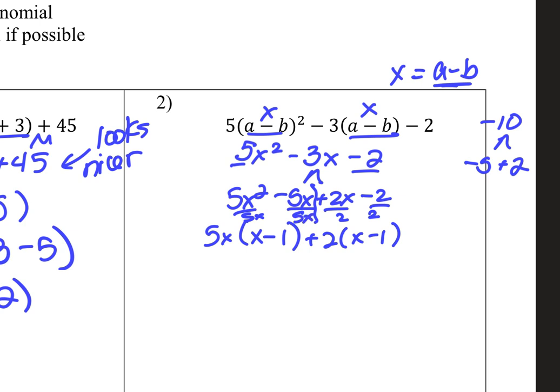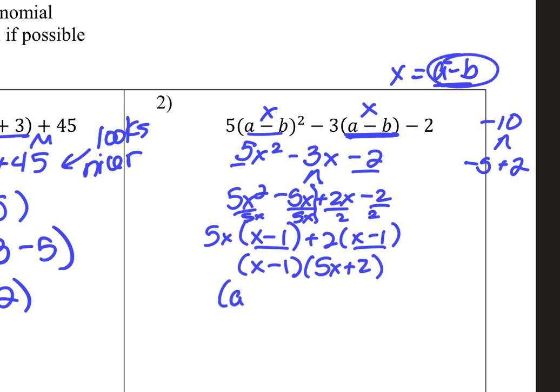And now the last step for factor by grouping is x minus 1 and 5x plus 2. And you're like, oh, I'm done, yay! No, the question has a's and b's. So we have to take the a's and b's and plug them back in for x. So a minus b minus 1 for this one.